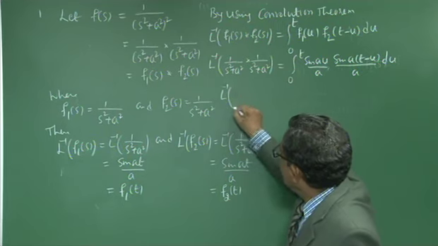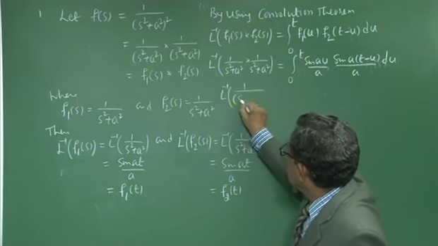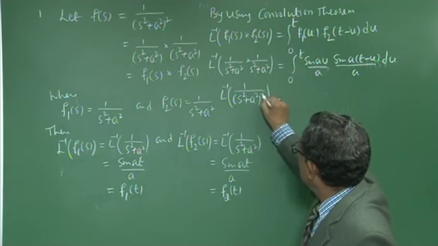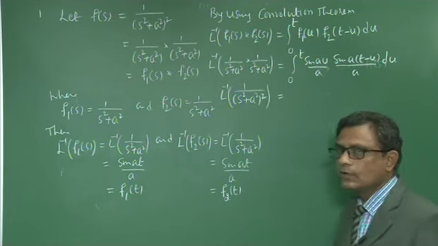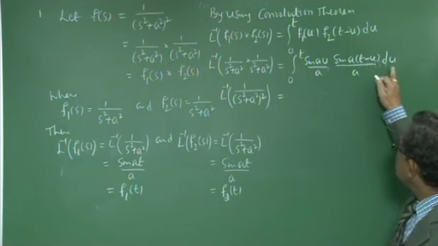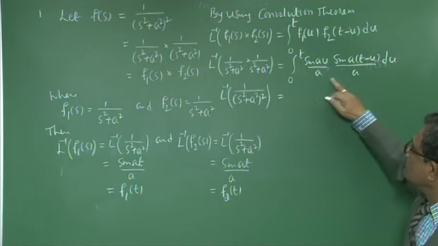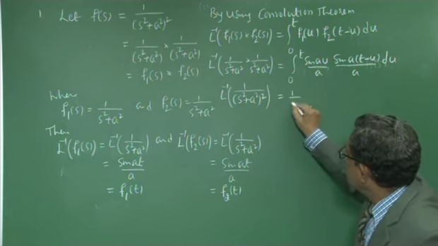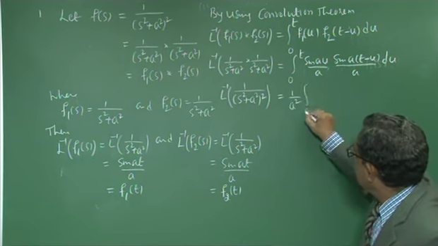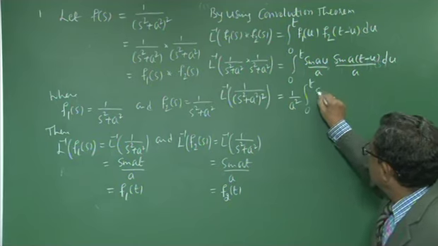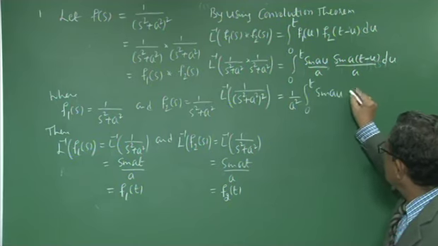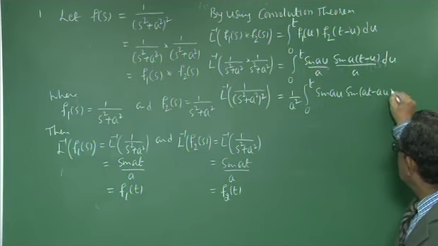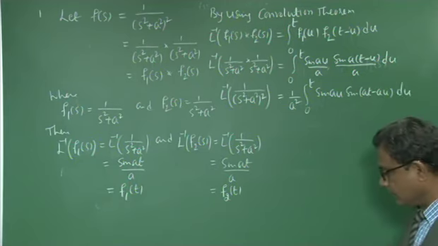Now simplify. What is LHS? It is nothing but 1 divided by (s square plus a square) whole square only. What about RHS? Integration is with respect to u. Denominator a into a, a square constant, integration 0 to t, it is sin au sin a(t minus u) into du.